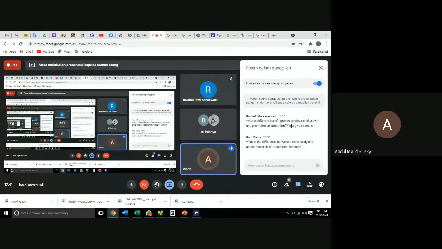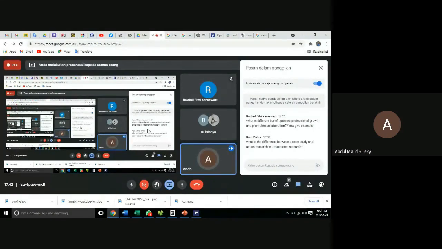Okay, thank you too. So the question from Rani, what is the difference between a case study and action research in educational research? Okay, case study is a general topic. I think its field is wider than action research, because action research only takes place in the classroom, but case study happens in many fields.